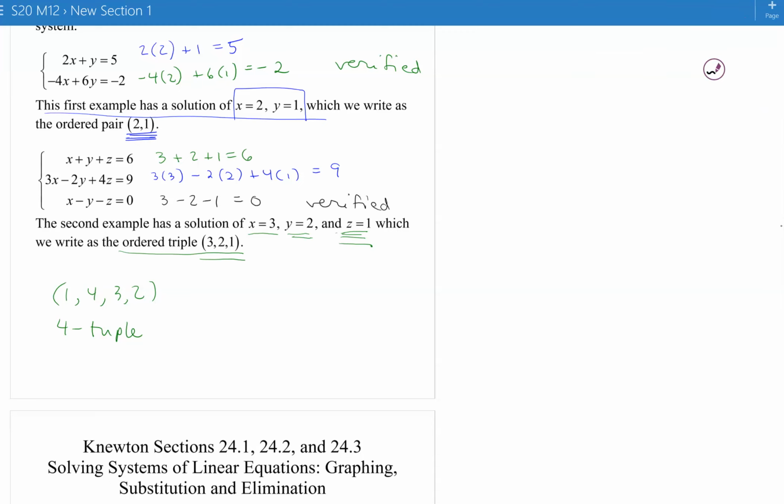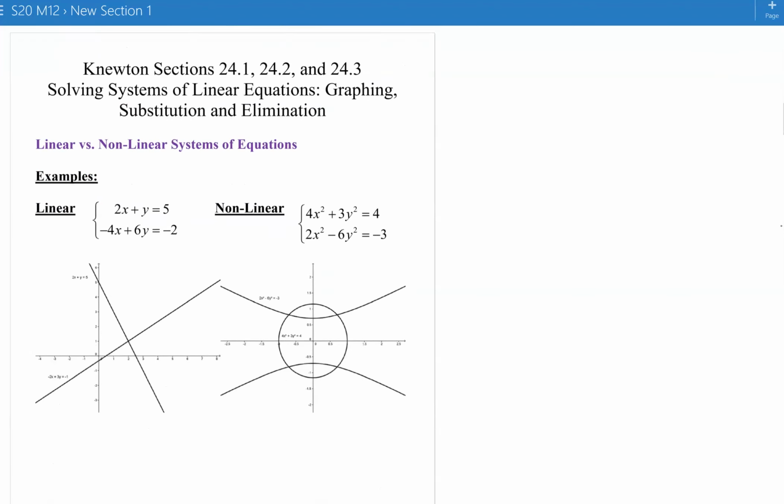So again, we have verified that this ordered triple is indeed the solution to this system of equations. And again, if you find a solution, it's the one and only solution, because in this case where it's three variables, it's the intersection point of three planes in three-dimensional space.